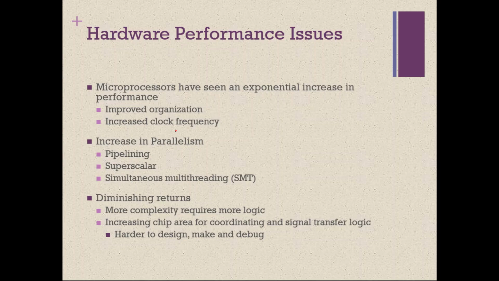Again, we are talking about a uniprocessor system. There are three ways of improving parallelism in a uniprocessor system: pipelining, a superscalar environment, or simultaneous multi-threading. We have already learned all these, but I will give a brief.